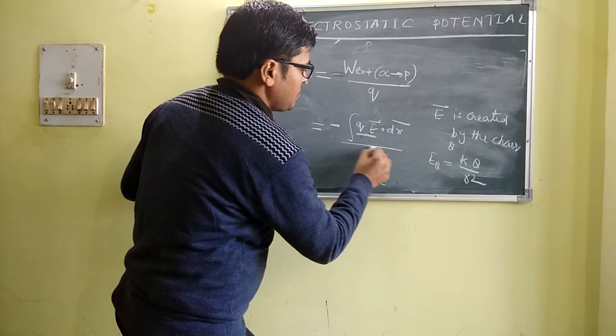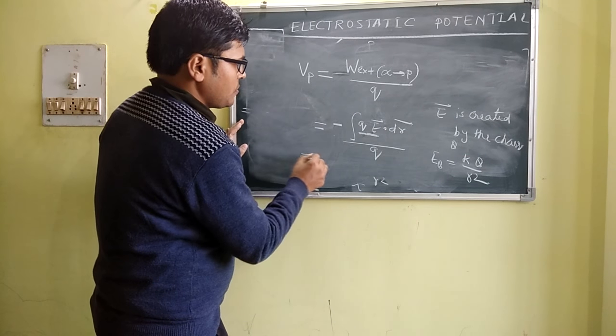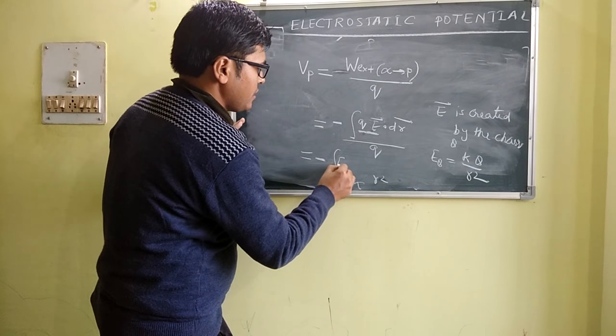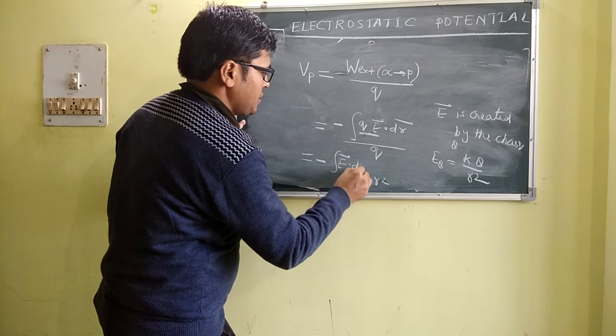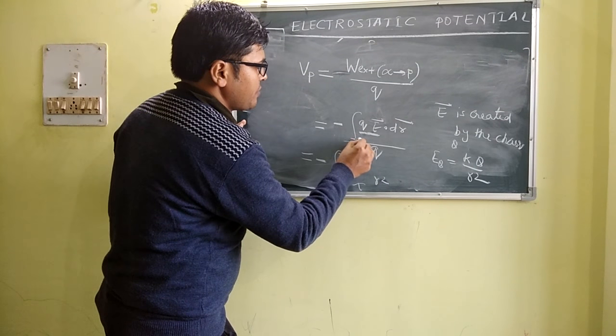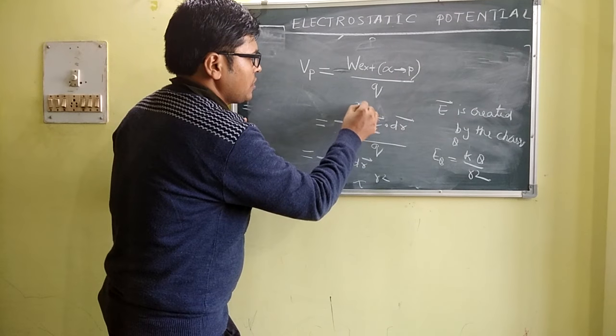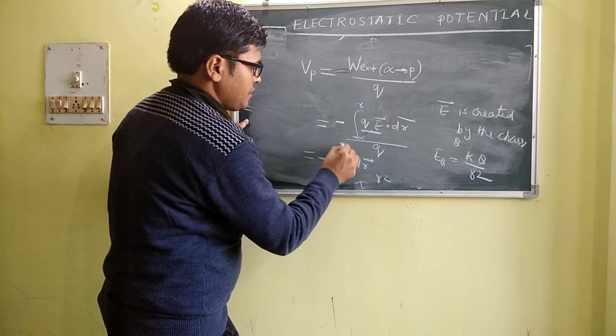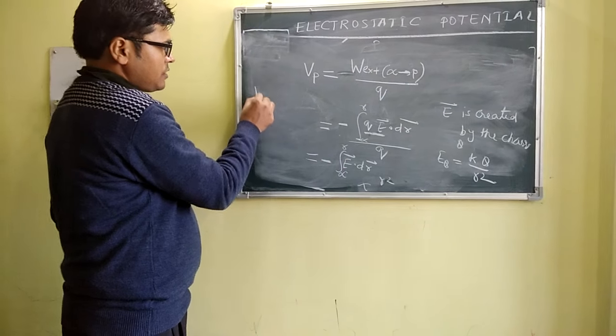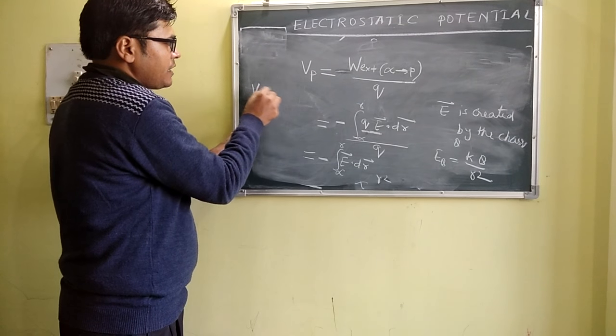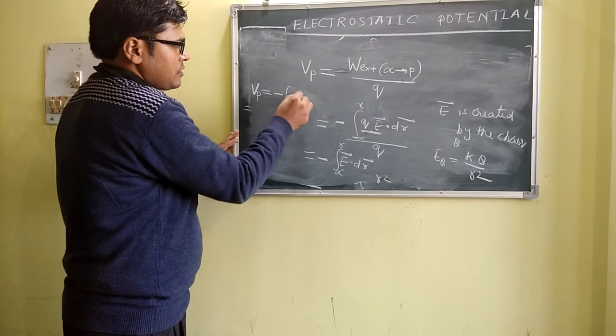So the Q cancels, and finally this can be written like this, E dot dr, and the integration will vary from infinity to P. So this is the definition, this is how we can define electrostatic potential.